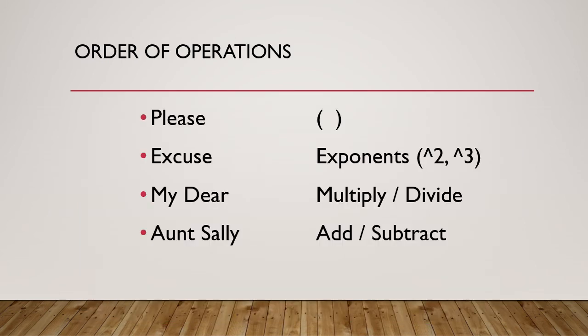The order of operations is the way Excel does math. On the left-hand side, you see a phrase that will help you remember the order that Excel performs those operations. So, Please Excuse My Dear Aunt Sally means that Excel will first look at what is in parentheses.